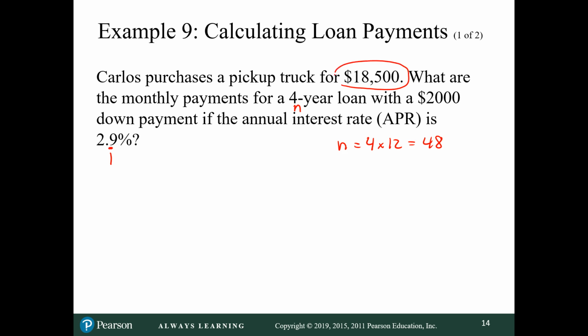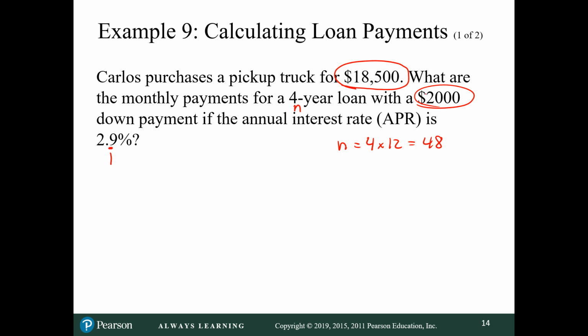So he gets a loan, $2,000 down payment. So we've got to figure out the monthly payment. We've got to figure out how much he's paying per month. Okay.